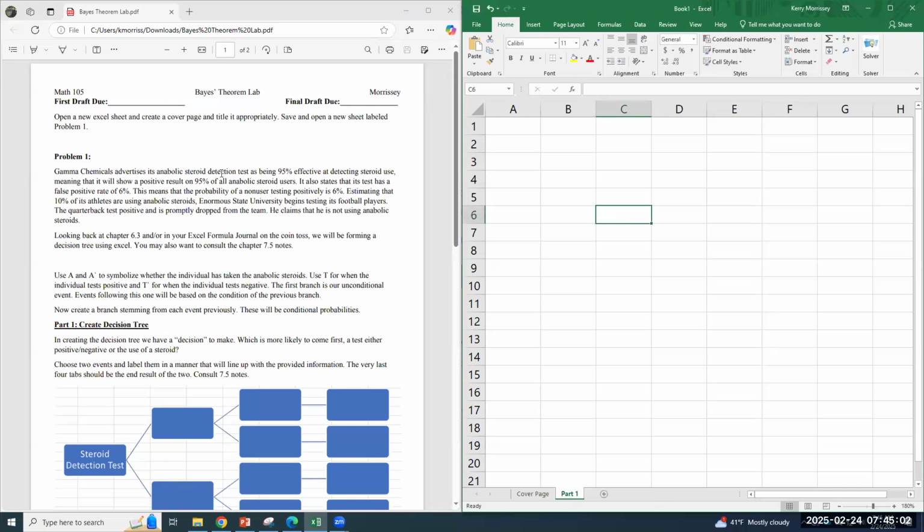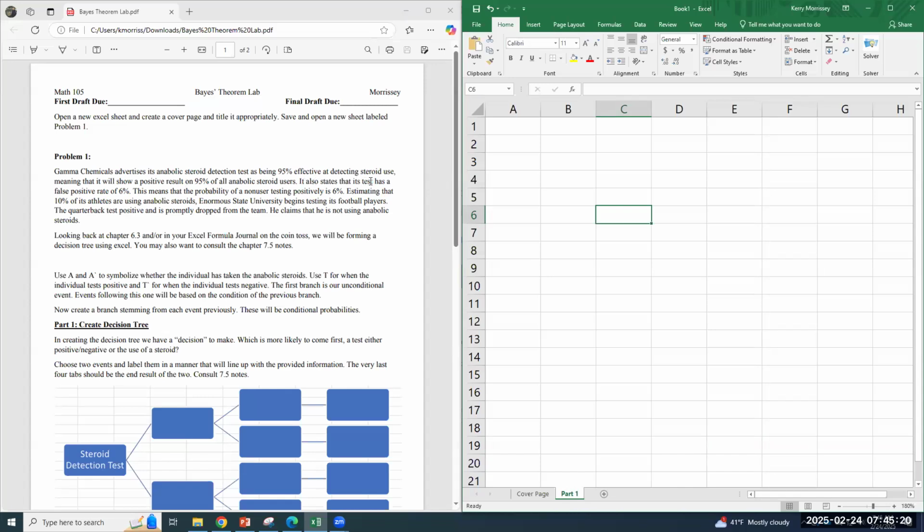There. So problem 1 says Gamma Chemicals advertises its anabolic steroid detection test as being 95% effective at detecting steroid use, meaning that it will show a positive result on 95% of the anabolic steroid users.